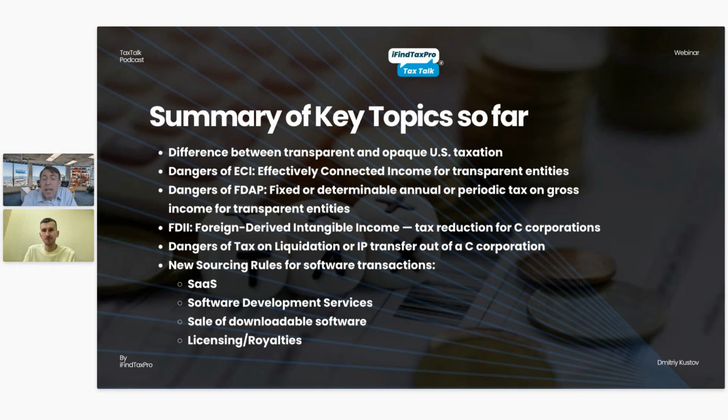Yes, exactly. It can even be operational, just selling to other countries' markets. If you do something that puts you at risk of FDII and ECI, then it's easier to just operate through a US entity. That would be the most flexible approach.